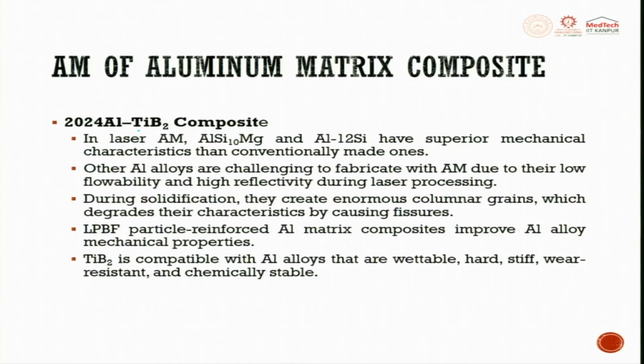Now, let us look into TiB2 composites. In laser AM, AlSiMg and AlSi have superior mechanical characteristics than conventionally made ones. Other aluminum alloys are challenging to fabricate with AM due to their low flowability and high reflectivity for the laser.